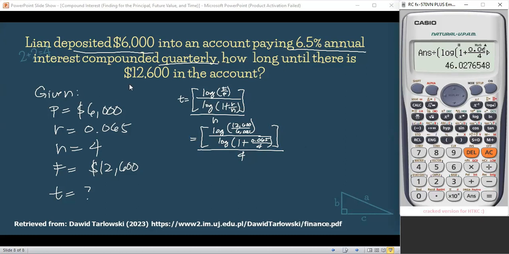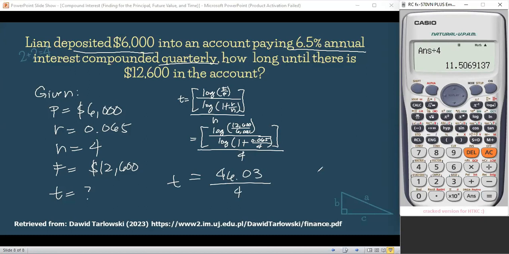That is 46.03 approximately all over 4. So the time now, so divided by 4 po natin. So the time now is approximately 11.50.